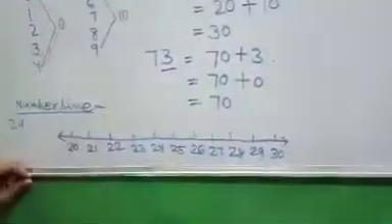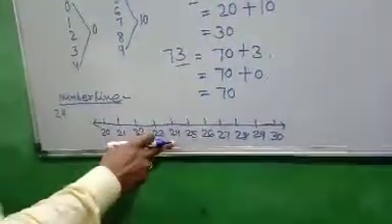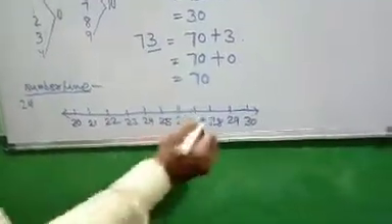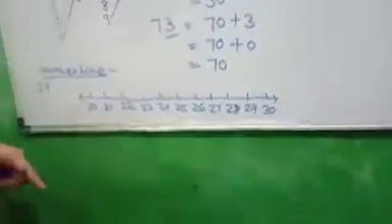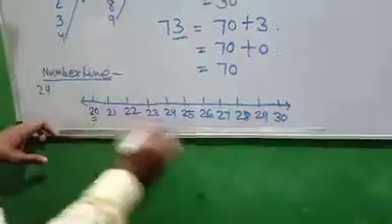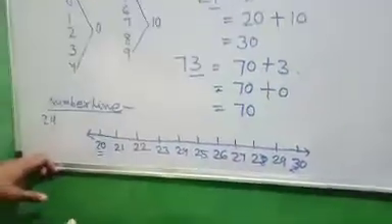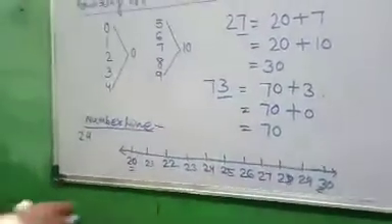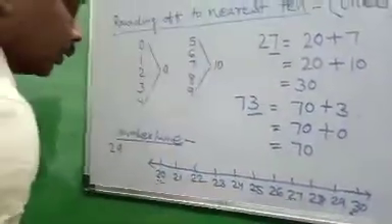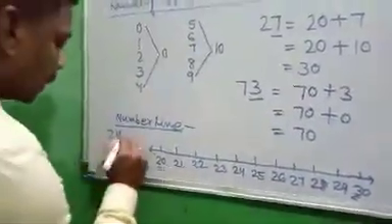Okay, our number is 24, and now you can easily identify that 24 is nearer to which number, 20 or 30? Yes, it is nearer to 20. Means the rounding of 24 is 20.